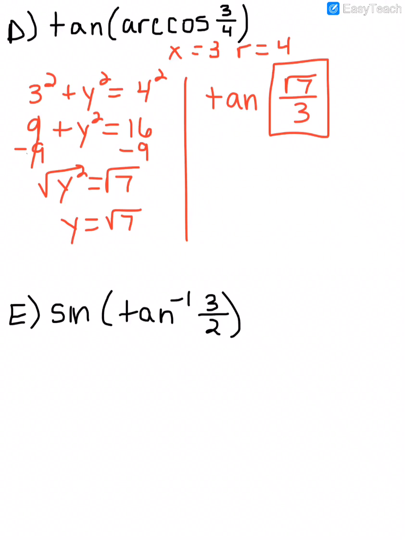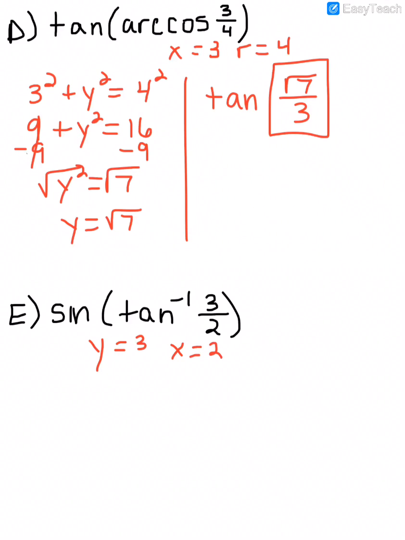Okay, we're going to have to do something similar for E. Tangent inverse of 3 over 2. Okay, so we know that the tangent is y over x. So that means that my y value is 3. My x value is 2. And for sine, it would be y over r. So we need r.